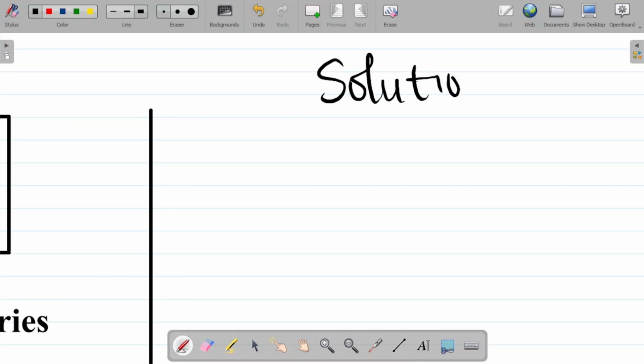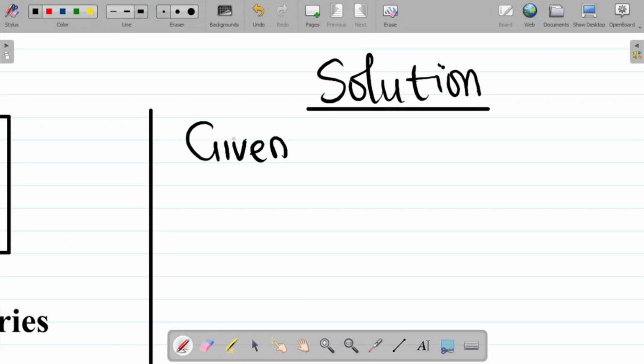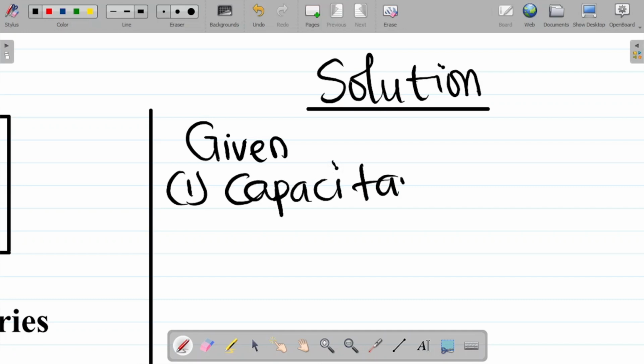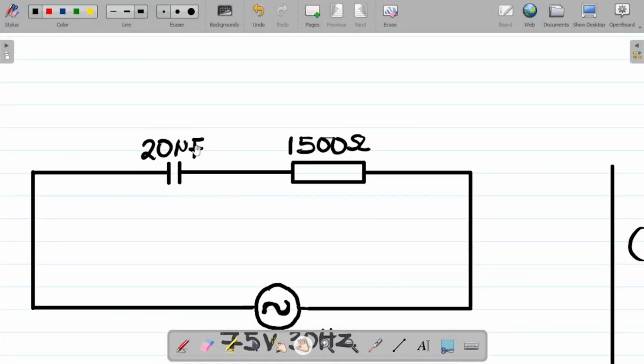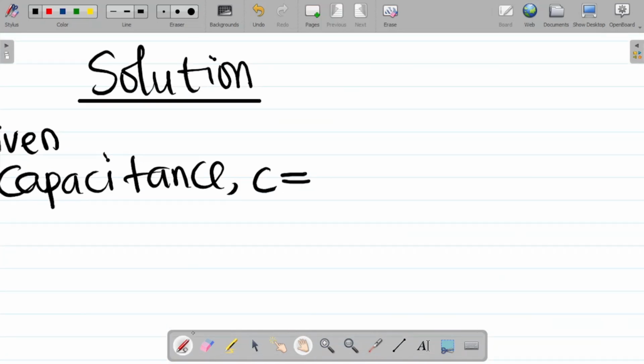So solution: let's list out the given parameters. Based on the symbols there, the first thing I'm given is the capacitance of the capacitor, C, which is 20 microfarad.